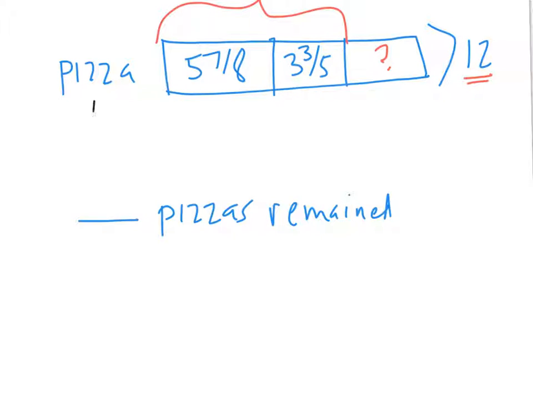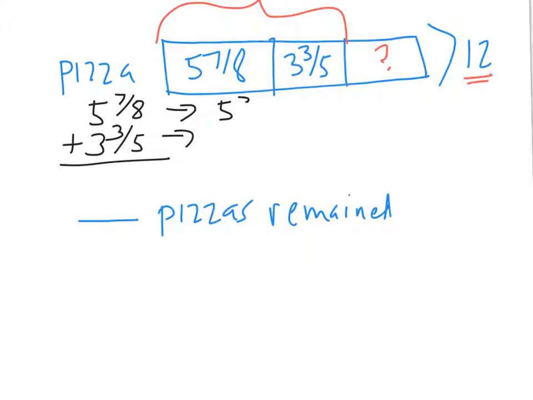So we'll add together the 5 7/8 and the 3 3/5. We're going to add those together. We'll say, let's go to 40ths again. So we'll say 5 35/40.